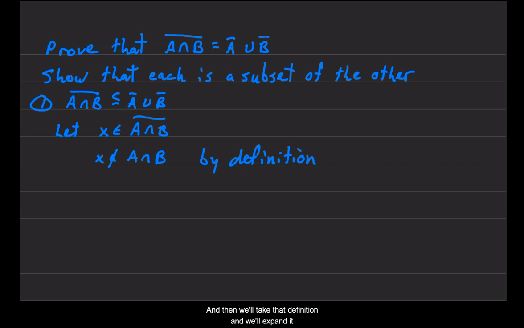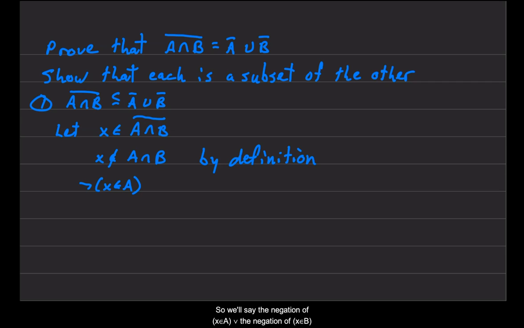And then we'll take that definition and expand it. Maybe I won't use the bar over the top for negation here, since that's what we're using for intersection. We use that symbol instead.